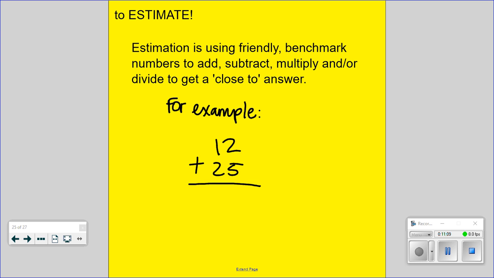Do you remember the symbol for rounding or estimating? The little squiggle. What is 12 gonna round to?